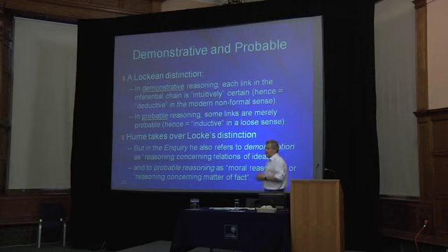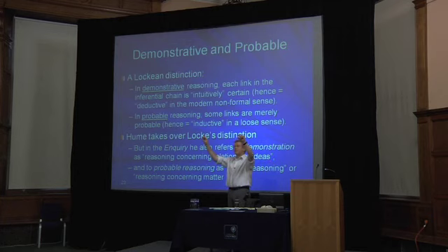So Hume is presupposing a Lockean distinction, which was indeed taken for granted by almost everybody. You have a distinction between demonstrative reasoning and probable reasoning. And demonstrative reasoning is most typified by mathematics. So imagine you've got a premise, and you've got a conclusion you want to reach, and you go from the premise through a number of intermediate steps until you eventually get to the conclusion.